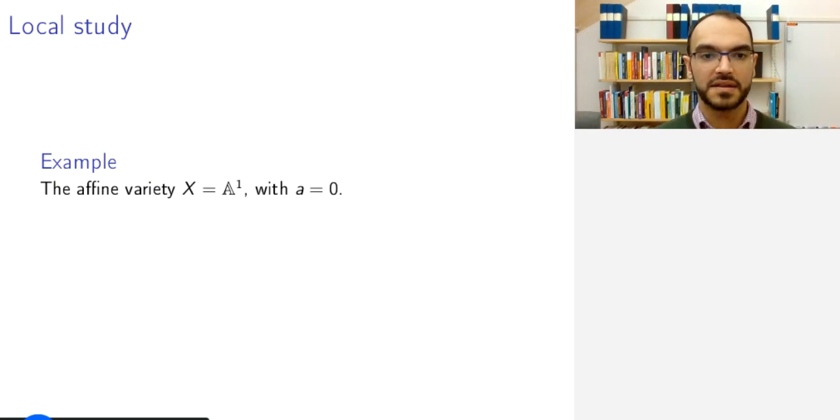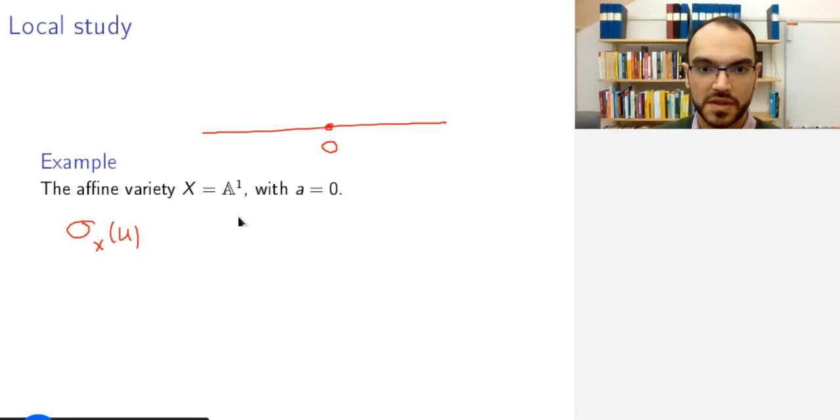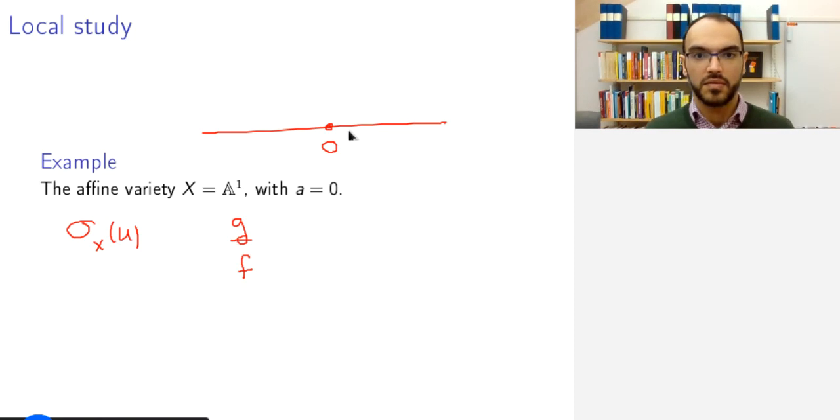So as an example, let us look at the affine variety X equals A^1 with a equal to 0. So we want to study things locally at the point 0. Then remember now, if we look at O_X(U) for some open set U, these are functions that are locally of the form g divided by f, where f doesn't vanish on U. So the stalk of regular functions at 0 will somehow be the functions that are written in this way with f not vanishing at 0.